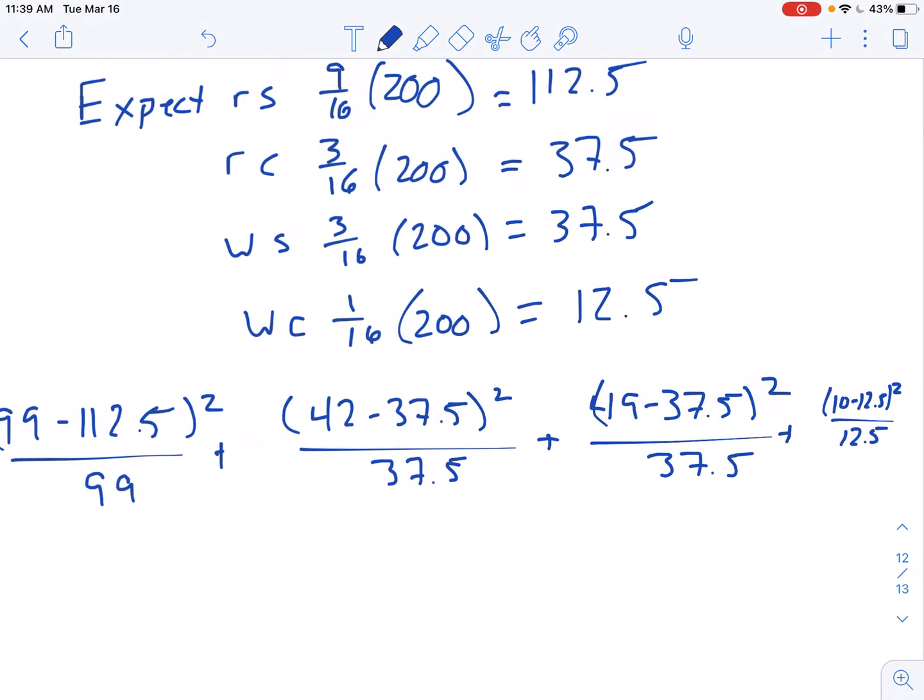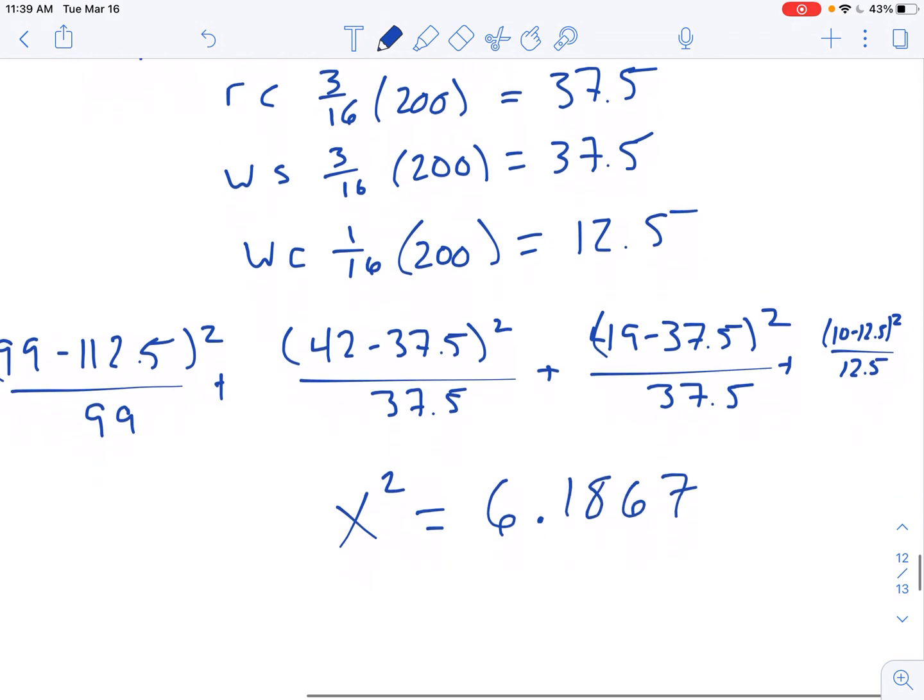Once you add up all these values, you're going to end up with a chi-square value of 6.1867. And we've got 3 degrees of freedom here because we've got 4 categories.